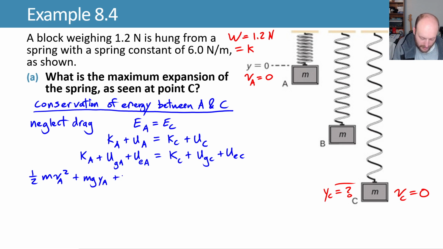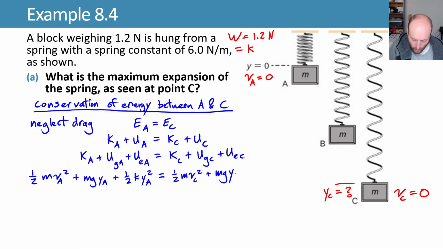The spring potential energy is 1/2 k yA squared, because here how much the spring is stretched is given by that same y coordinate. And that's equal to that same stuff, but now with velocities at C, y positions at C, and y positions still at C.